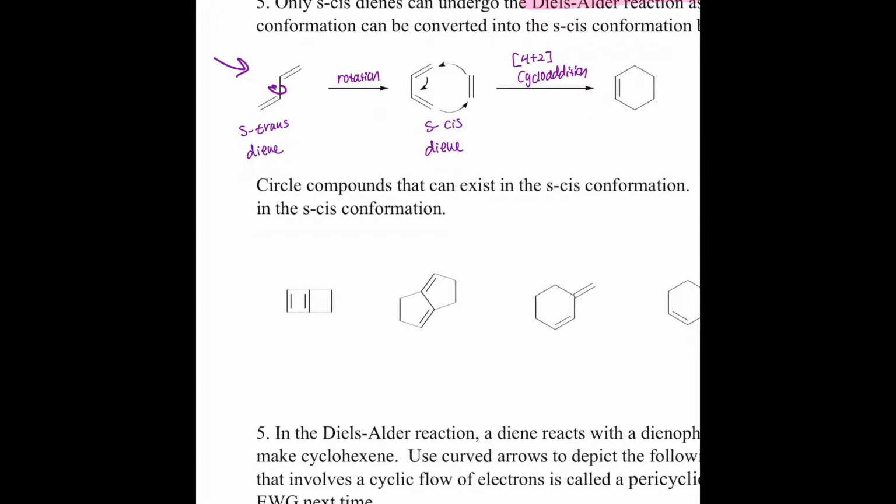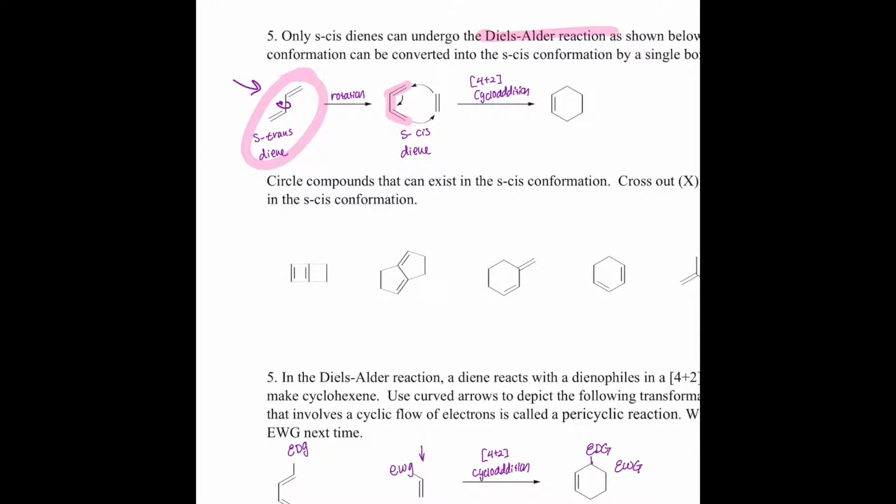Single bonds have free rotation, and double bonds cannot because they're locked. So because single bonds can rotate, we can take a trans diene, as we can see right here, and rotate it into a cis. And after we rotate into a cis, dienes can perform pericyclic reactions or Diels-Alder reactions, and that's basically all this little diagram is telling you over here.